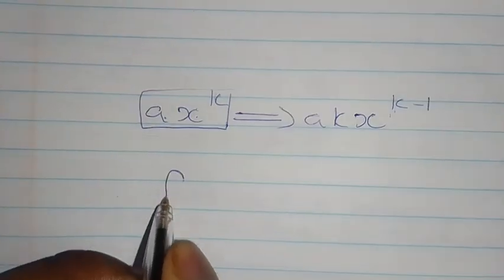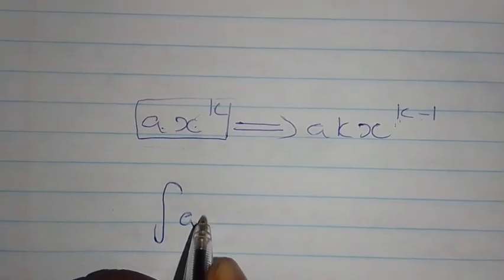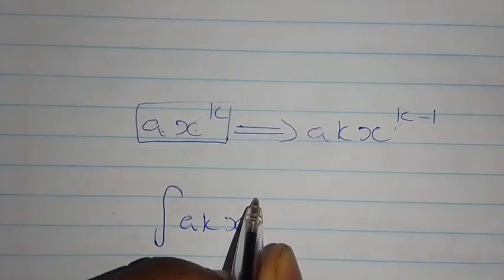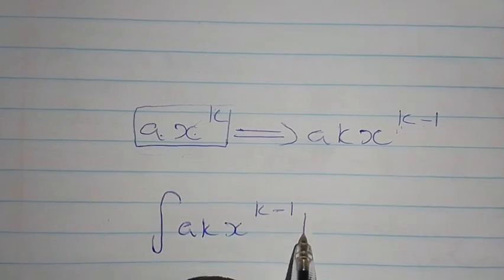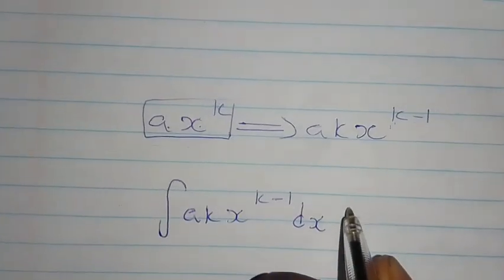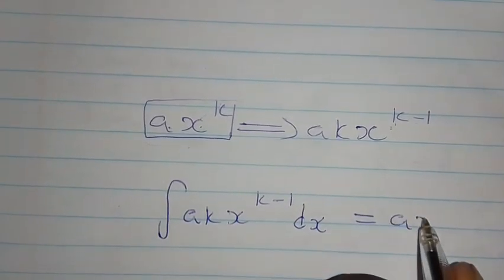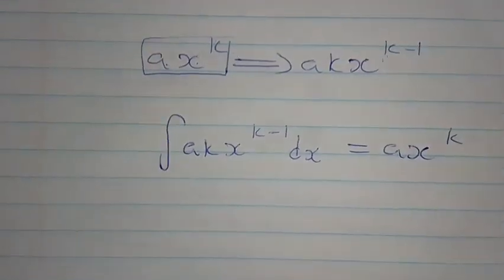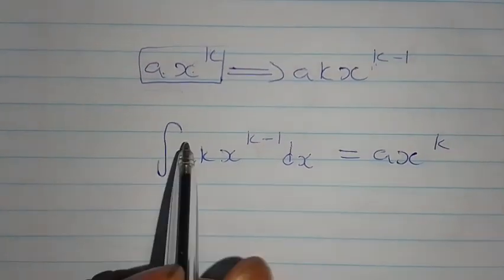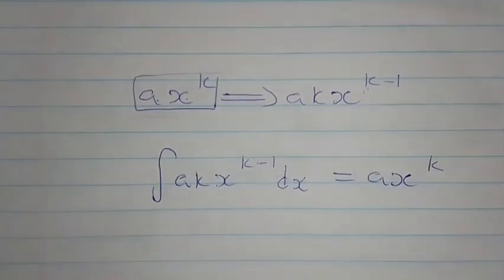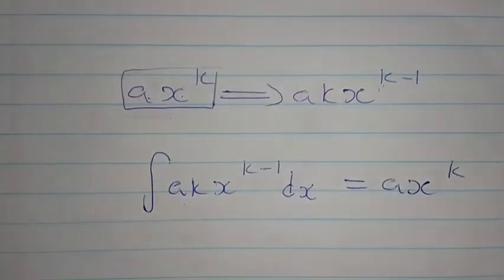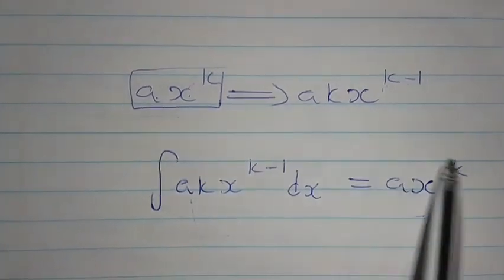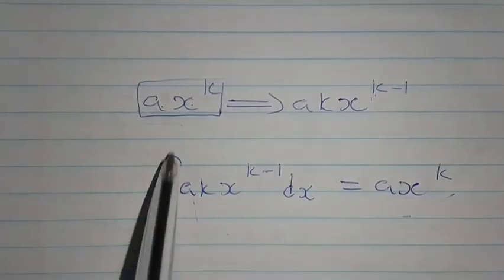This means that the antiderivative of akx to the power k minus 1 dx will be the same as ax to the power k, because it's an antiderivative. It reverses what we have done. So this equation holds true.